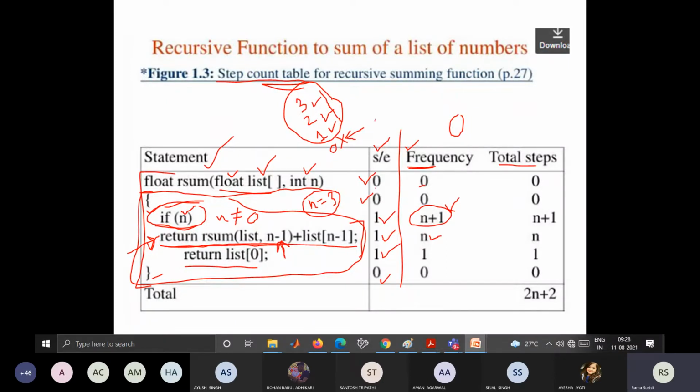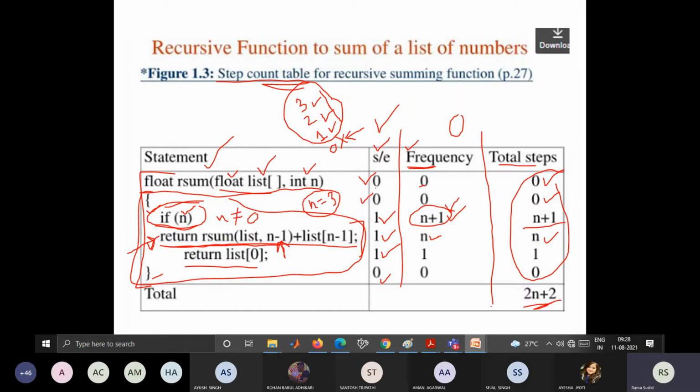But the if statement will execute for 0 also, so n plus 1 times. In this way, the total number of steps of execution, this into this 0, this into this 0, and this is 1 into n plus 1, and in this way you can count these, totaling up to 2n plus 2.